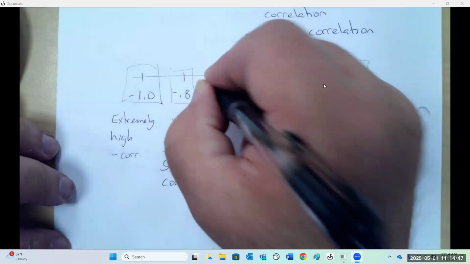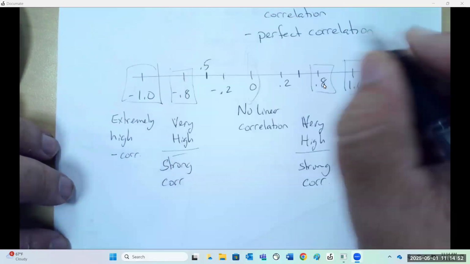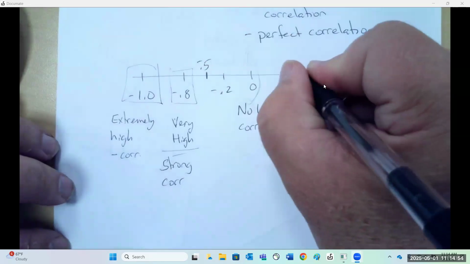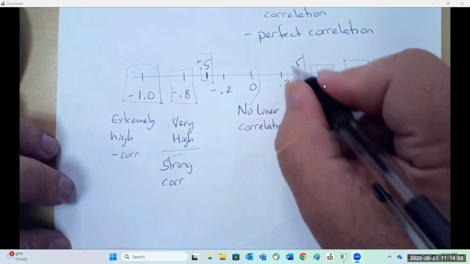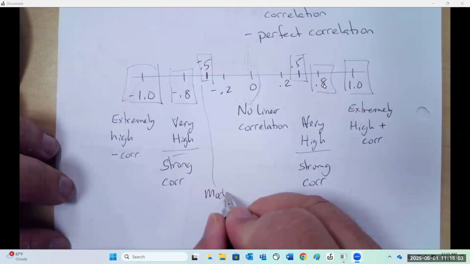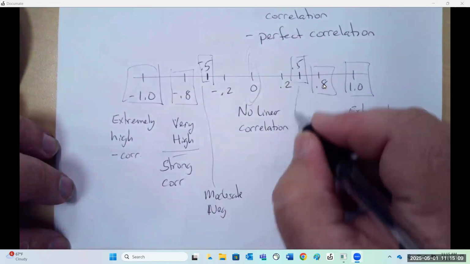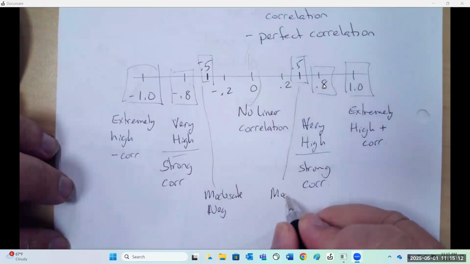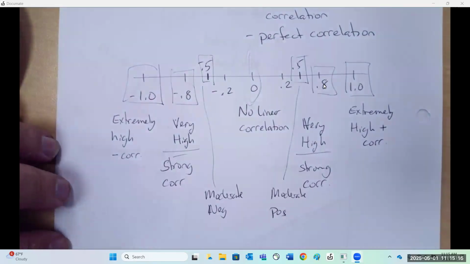And we can do a middle one, say at 0.4, 0.5, negative 0.5, and positive 0.5. Since they're in the middle of the road, we call them a moderate negative or a moderate positive correlation.